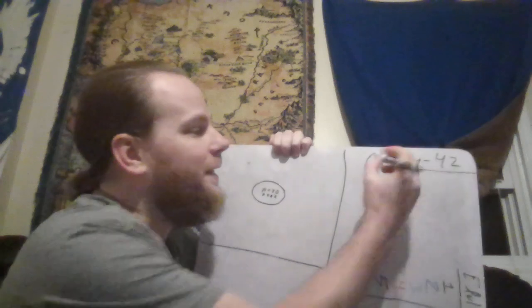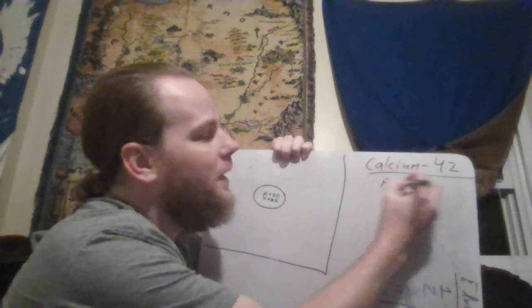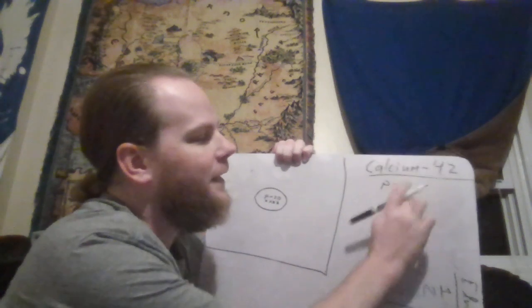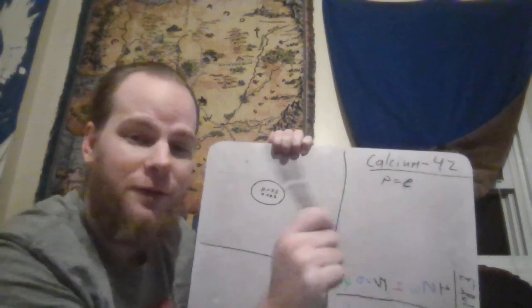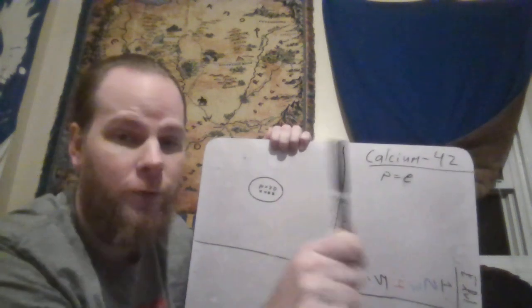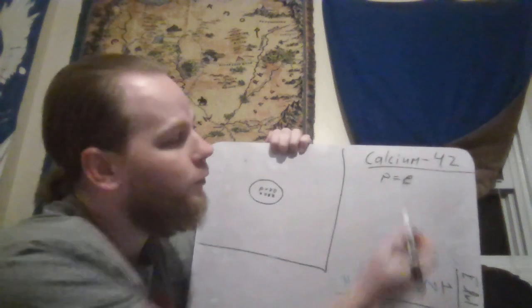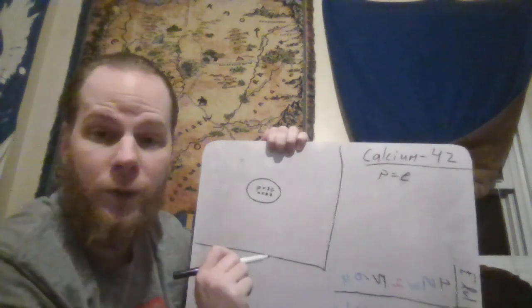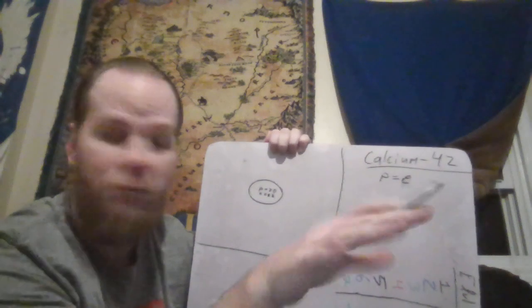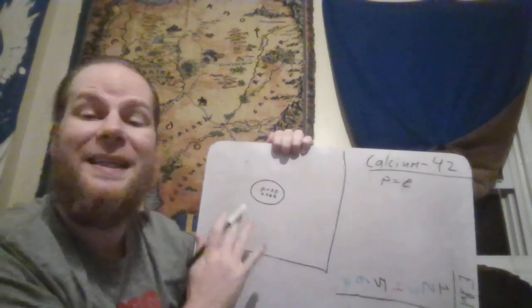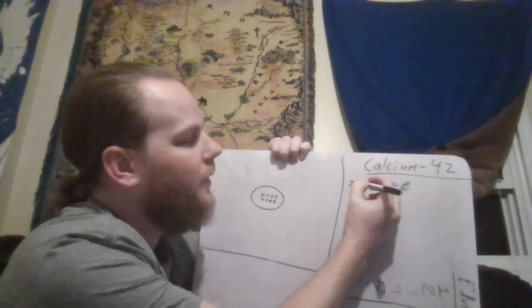Okay, neutral means that P equals, not N, good Lord, E. The number of protons and the number of electrons have to be the same in order for an atom to be neutral. So we're going to assume this for everything we do today and probably tomorrow. So, yeah. So that means we need 20 electrons.